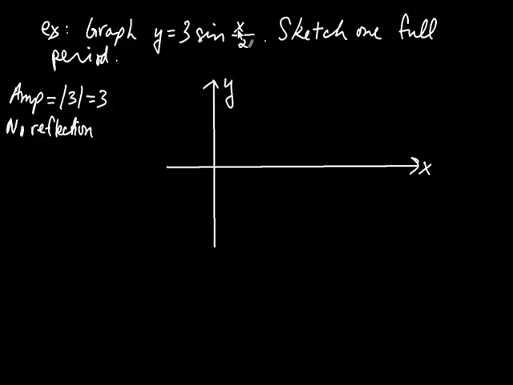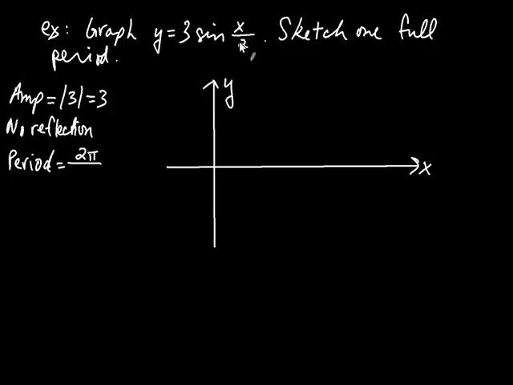But there is a change in period, and whenever you have x multiplied by a number, so sine of 1/2 times x, you have a change in period. So let's write down the new period. And this is how you always find the new period for a sine or cosine curve that's been transformed as far as period is concerned. So the new period is going to be the old period, which is 2 pi, and that's always the case because this is the period of original sine, divided by whatever number you're multiplying x by.